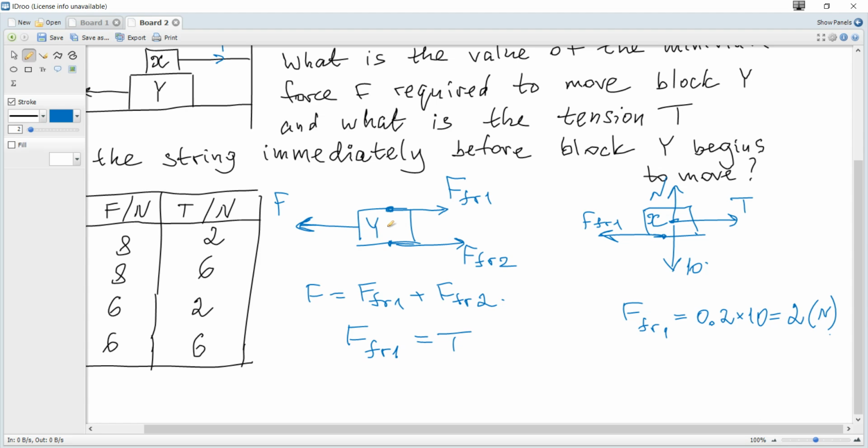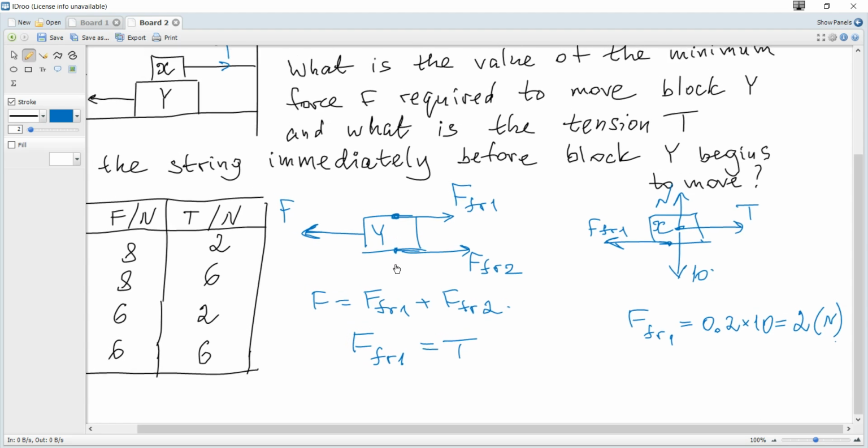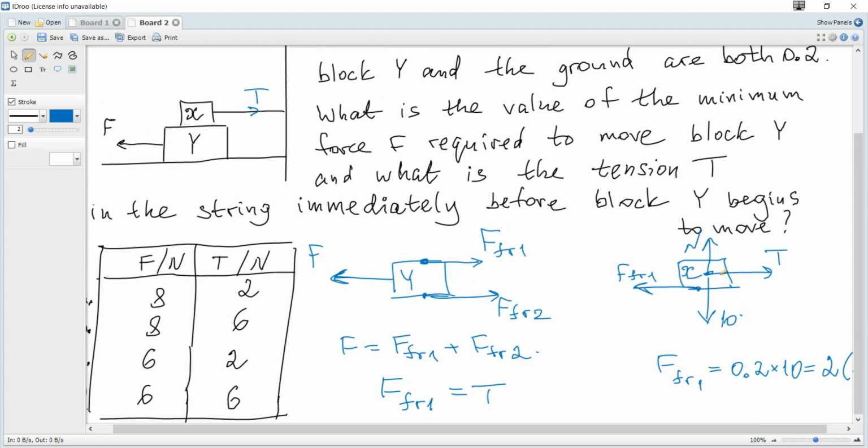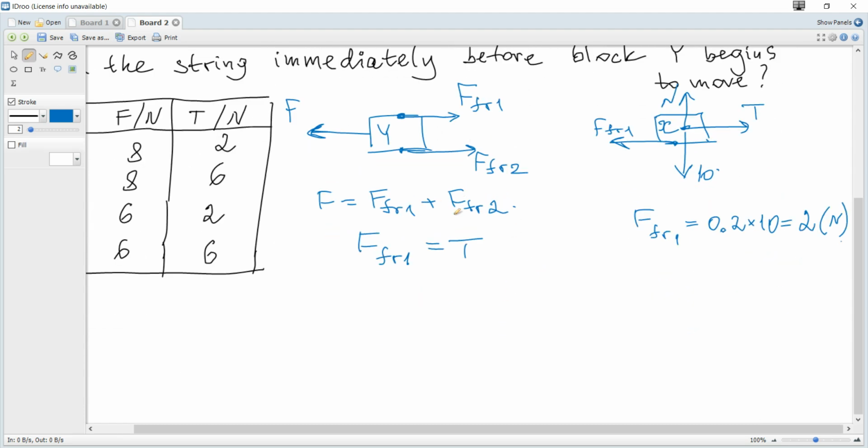And I don't want to consider Y only and vertical components, but here it's easy. There will be just an additional force from X on Y, which is equal to this normal reaction, but it's more useful and easier to consider them together, X and Y. And if we consider X and Y together and in vertical projection only, there will be what? Combined weight, which is 30 newtons, and normal reaction, let it be R, which is what?